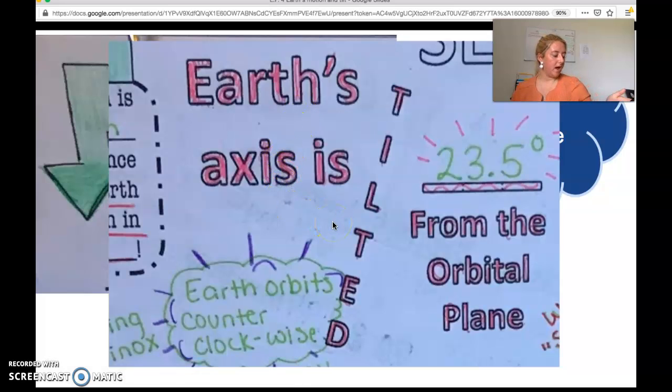We learned that the average tilt of the axis is 23.5 degrees from the orbital plane. So instead of standing straight up and down at 0, our axis is tilted just a little bit at 23.5 degrees. Okay, don't worry about the orbit's counterclockwise direction. That's for a later picture and diagram.